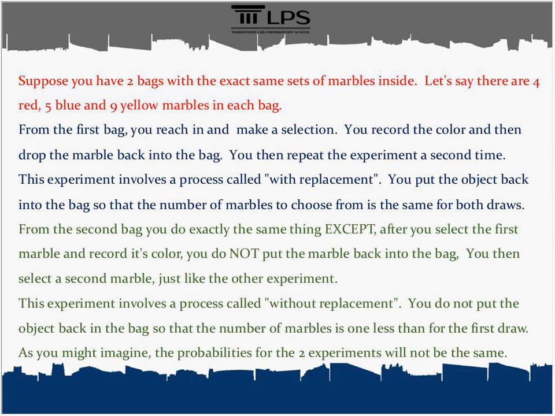You reach in, make a selection, and then drop the marble back into the bag. Okay, this is an important statement here. You are dropping the marble back into the bag, which means at any point, whether it's a first draw or second or third draw, the total number of marbles stays the same, which is 4 plus 5 plus 9, which is 18.